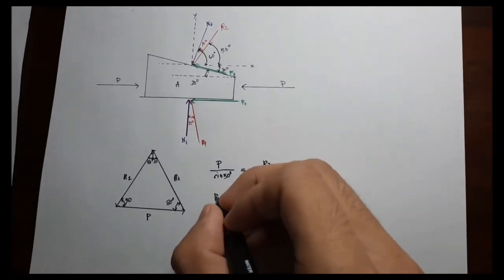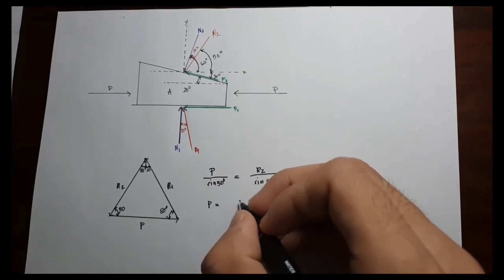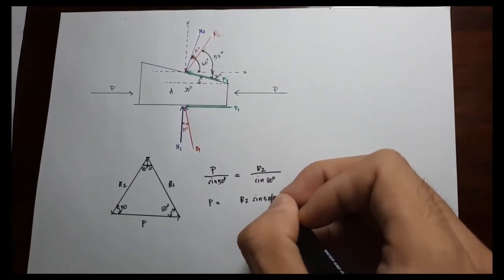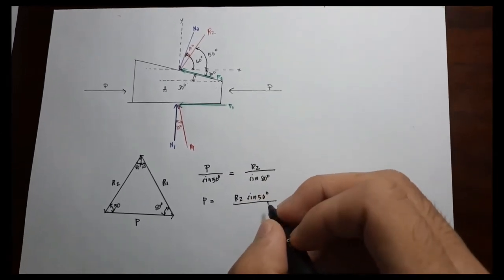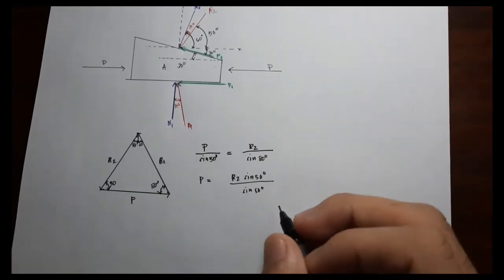So P is equal to R2 sine of 50 degrees all over sine of 80 degrees.